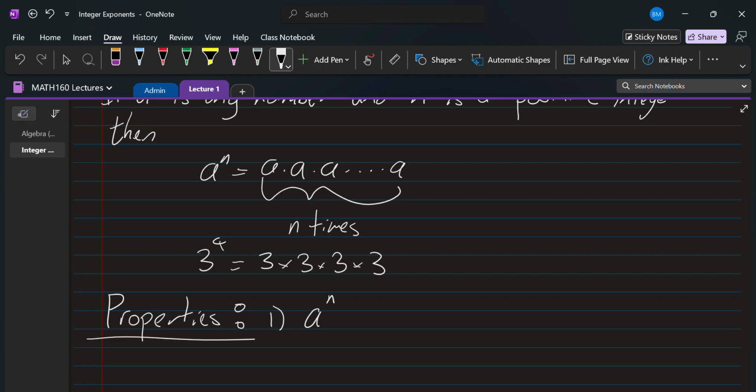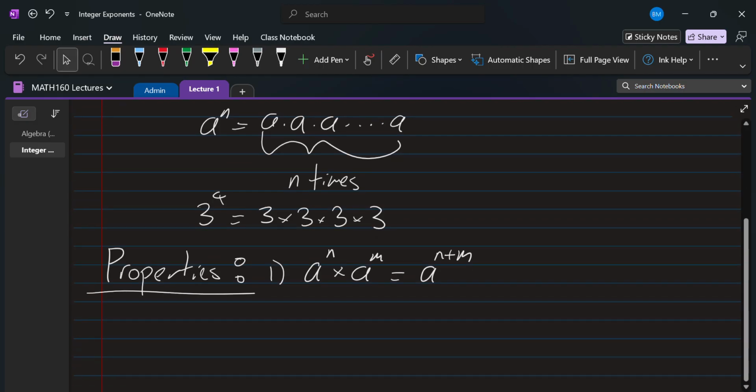To do that, we use these 8 properties. Number 1, a to the power n times a to the power m: we have the same bases and different exponents, so we add the exponents. So a to the n plus m.